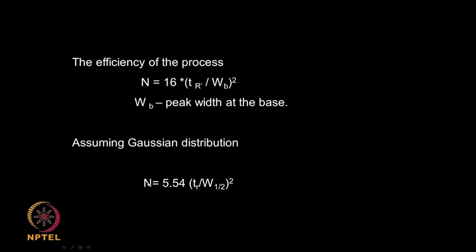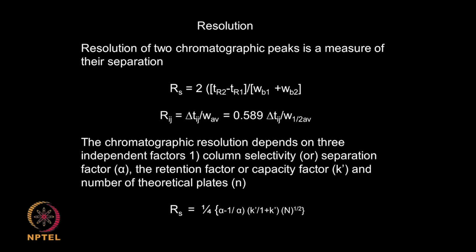If I have two columns, I can do the same injection of the solute in both columns, and I can estimate from the Tr and W_b or W_half the number of theoretical plates. So, I can say this column is more efficient, that is, this column has more theoretical plates than the other. Okay. This is how the theoretical plate concept was extended to chromatography as well.